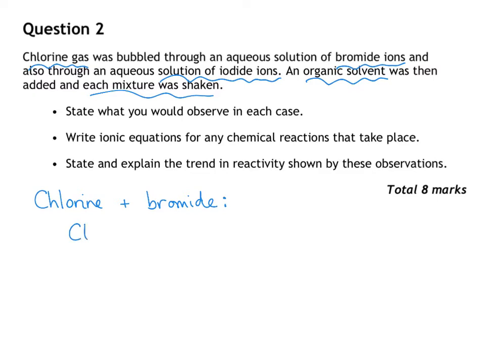So chlorine is Cl2, bromide is Br minus, we're displacing to form bromine, the element, and I'm just balancing it as I go along, 2 chloride ions. That's a really important ionic equation to just know, to be really comfortable with producing displacement reactions. So I've written an ionic equation for that first one, so that's 1 mark already.